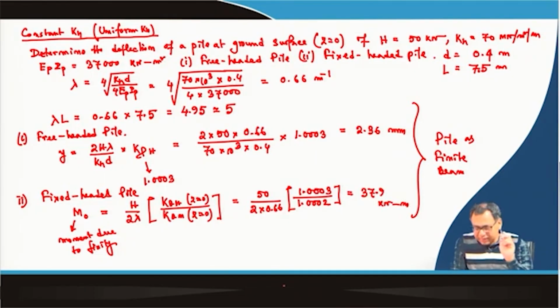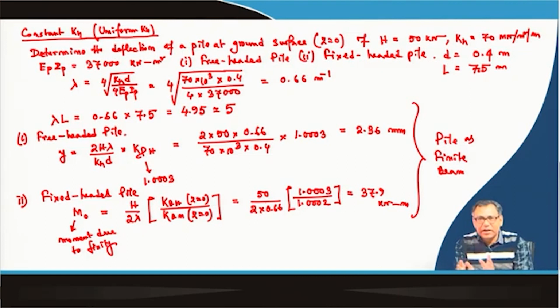Now, the next step is that if the pile is free, then there will be a deformation of 2.36 millimeter for the free headed pile. But now the pile is fixed, and due to the fixity a counter moment is developed, and that value is 37.9 kilonewton meter. So, now we have to calculate what would be the deformation for this moment developed due to the fixity.